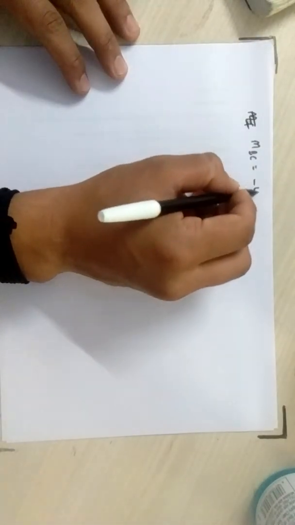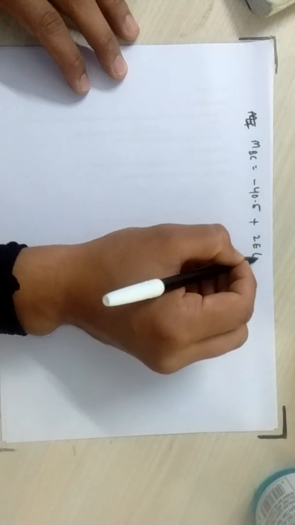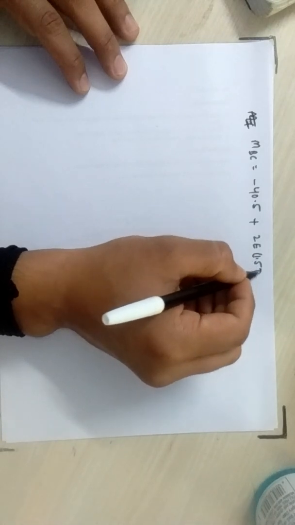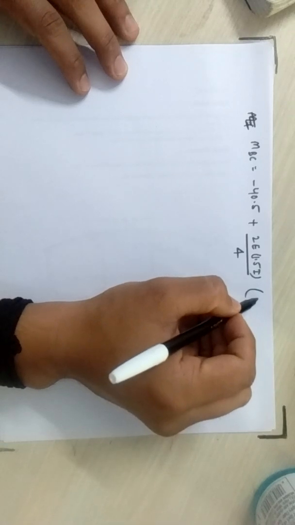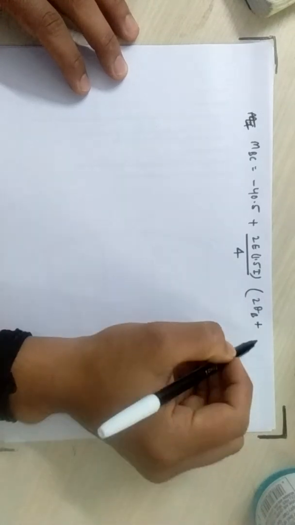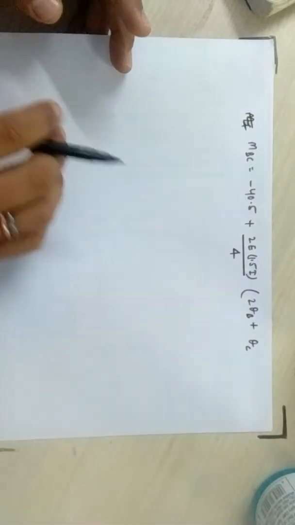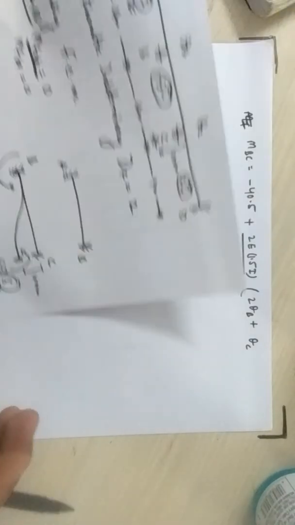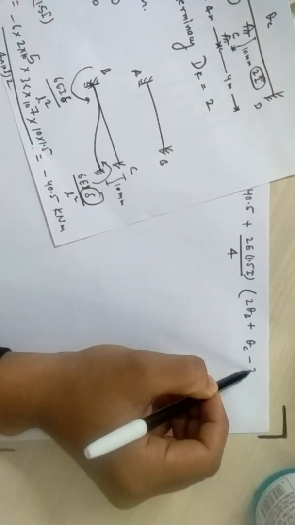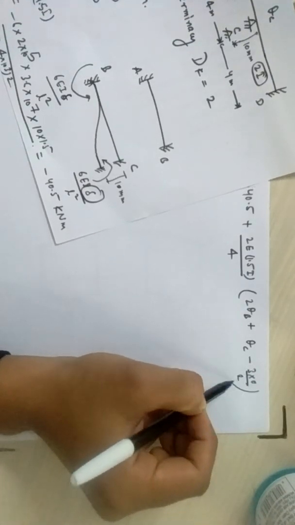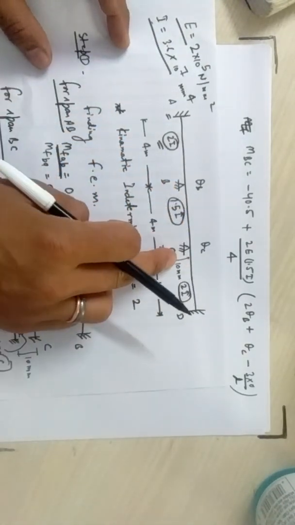MFBC is minus 40.5 plus 2E, I is 1.5I, upon L is 4 meter, brackets 2 theta B plus theta C. Okay, and delta will be considered as 0. Why 0 here? Minus 3 into 0 upon L. Why 0? Because we are considering theta BC.